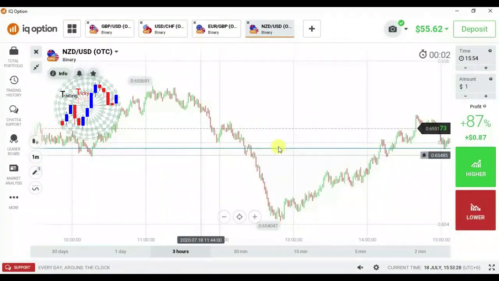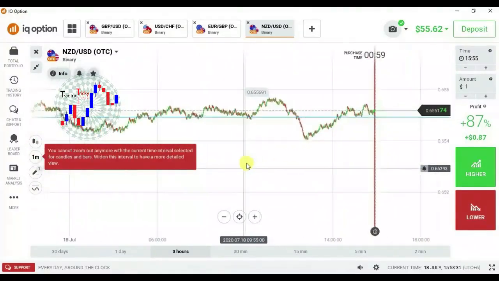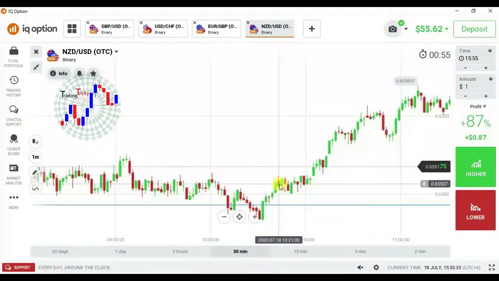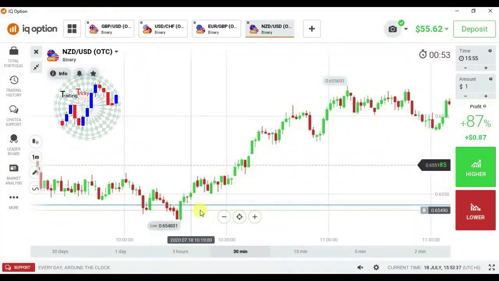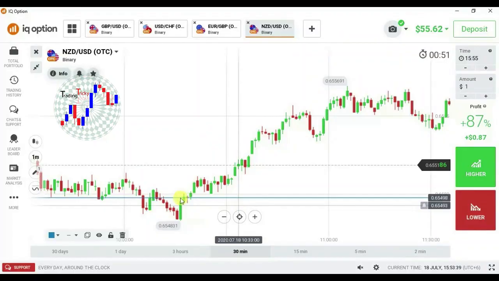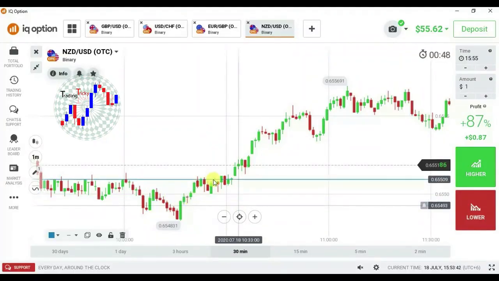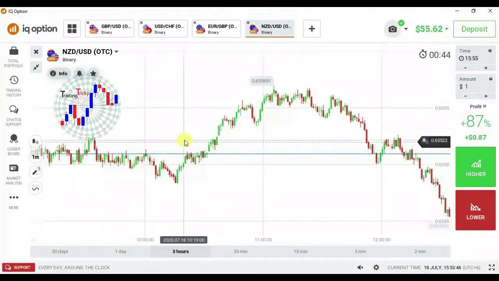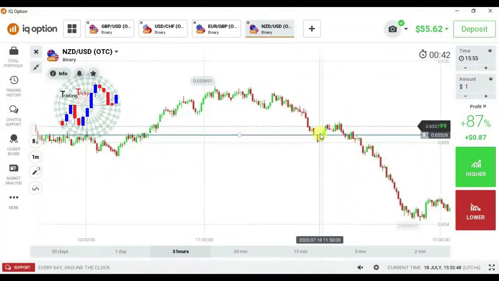Normally, for example, you are now here. So now your line can be, for example, this is a support. It's respecting. Here also it respected.